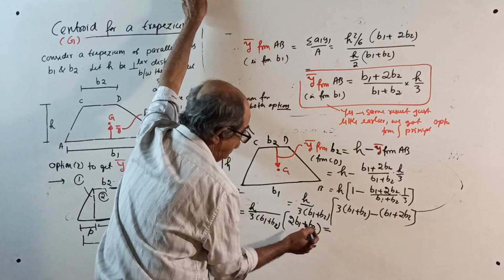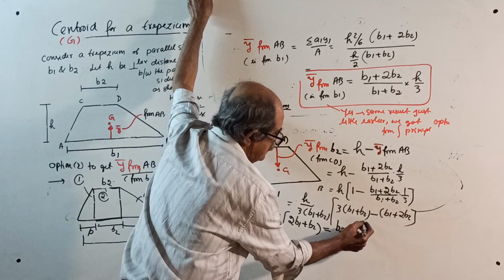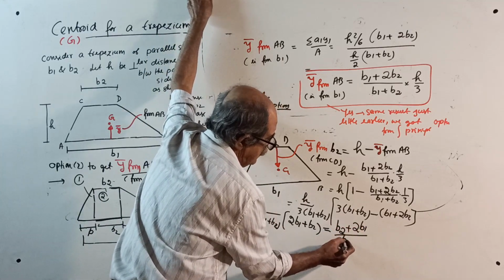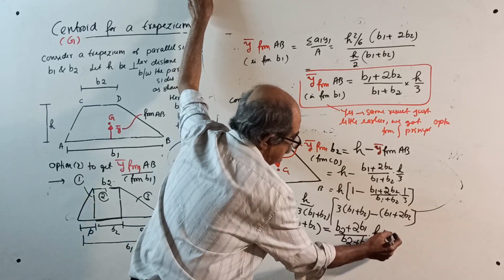Or you can rewrite this as (B2 plus 2B1) divided by (B2 plus B1) into H by 3.